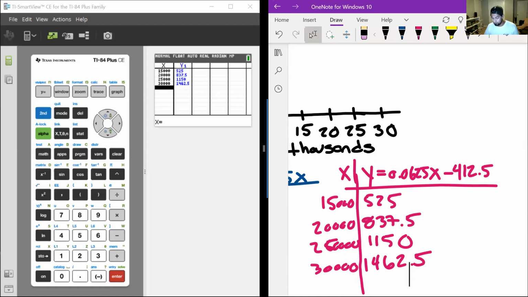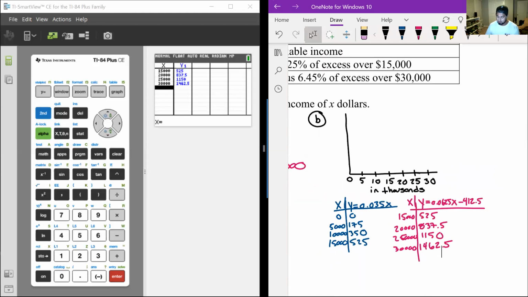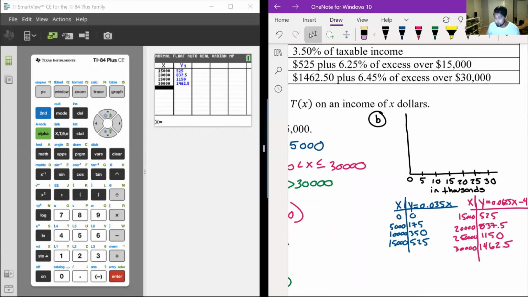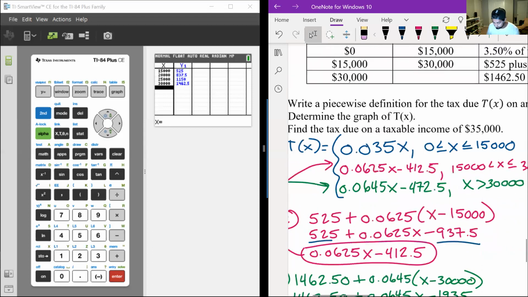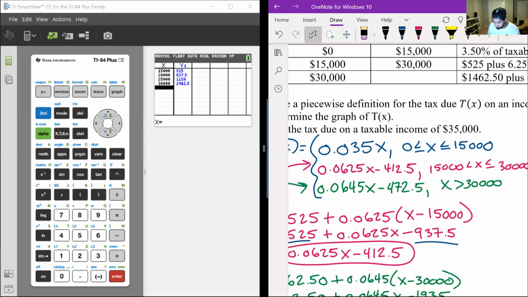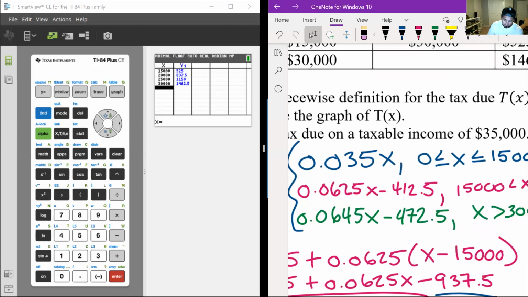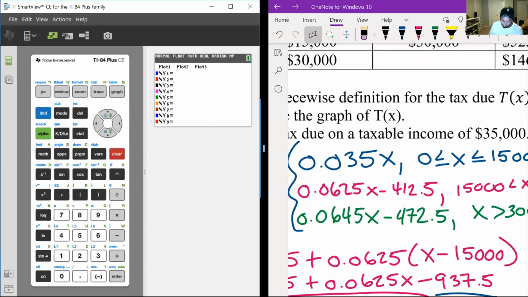Okay, and now, of course, the last function. Want to get this right, even though it's probably just going to be a tiny little sketch, right? All right. Type in the last piece. 0.0645x minus 472.5.